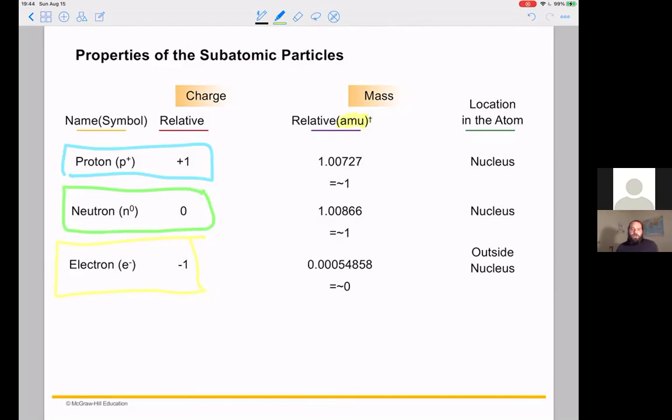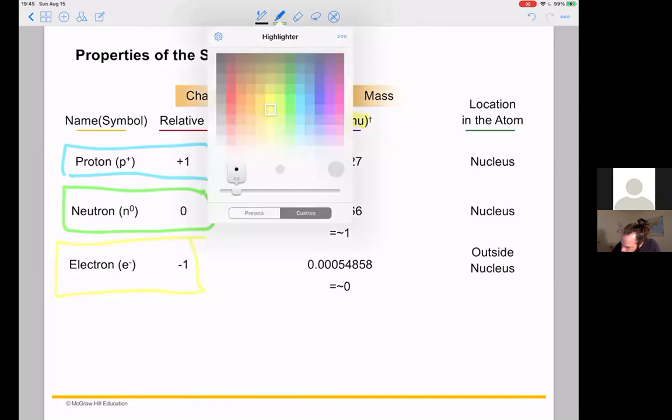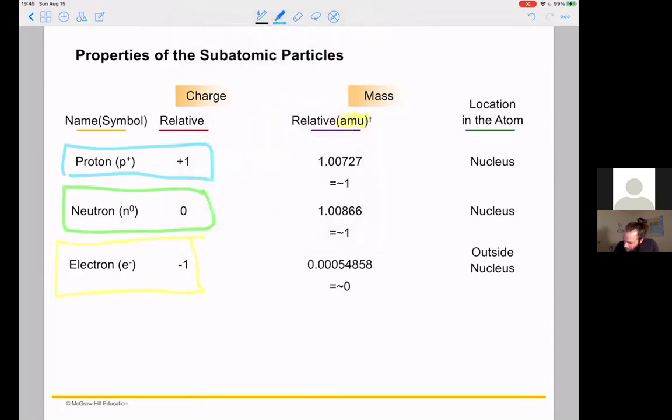And really what I want you to know about atomic mass units, or AMUs, is that they're used to measure the mass of something really tiny. Okay? So what we can see comparing the atomic mass unit of these different subatomic particles is that protons and neutrons are about the same size. They both have an atomic mass unit of about 1.